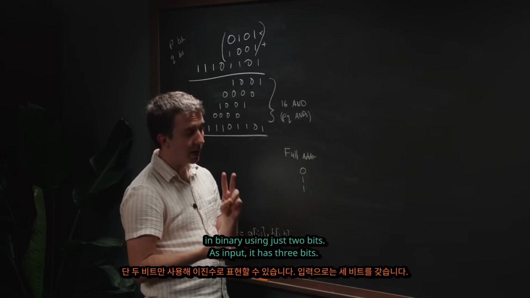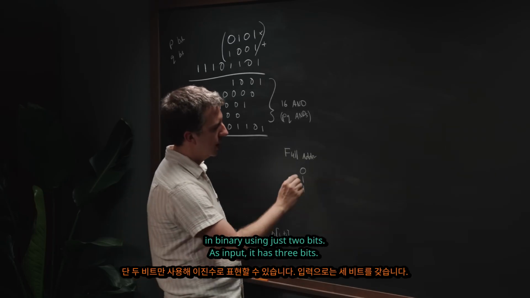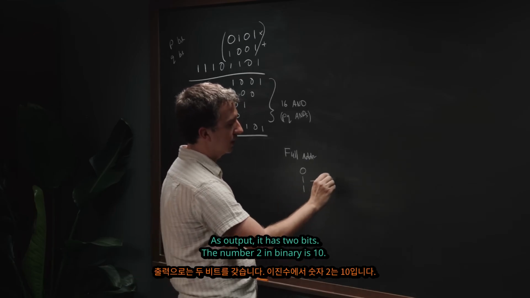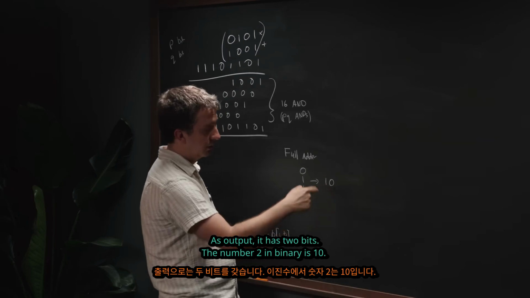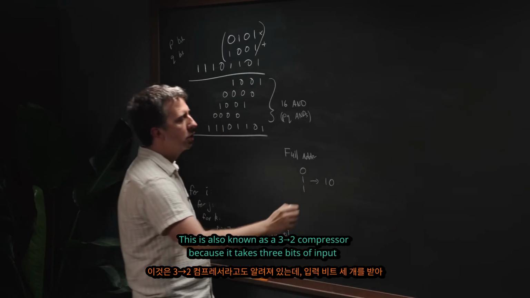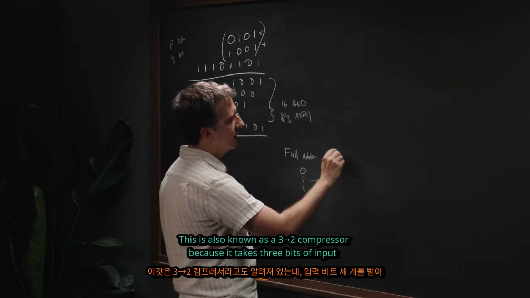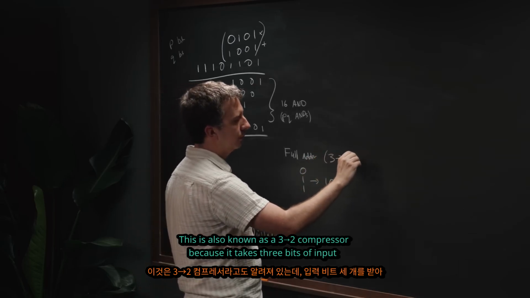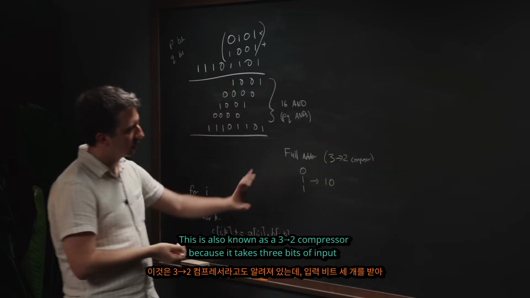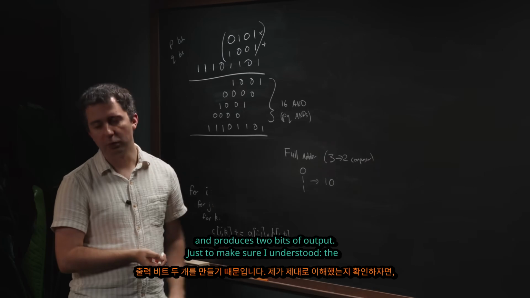So I can express that in binary using just 2 bits. So as input, it has 3 bits, and as output, it has 2 bits, which in this case are 1 and 0, since the number 2 in binary is 1, 0. So this is also known as a 3-to-2 compressor, because it takes 3 bits of input and produces 2 bits of output.